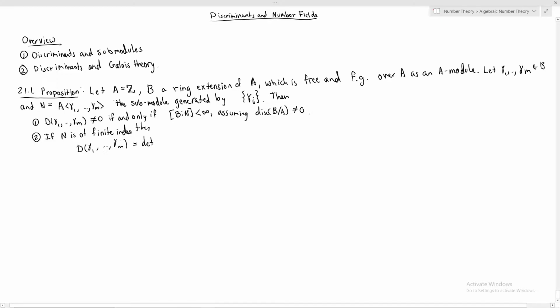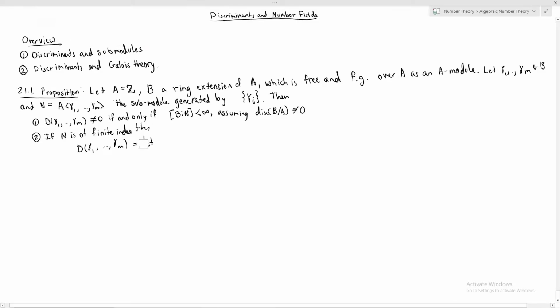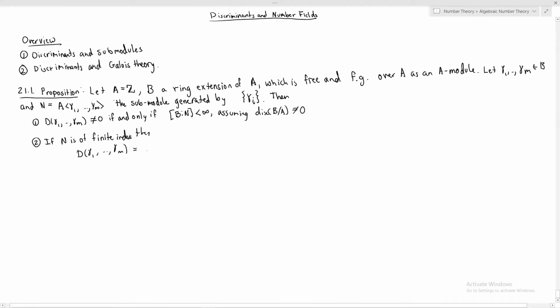If N is a finite index, then we have this relation. Not determinant, sorry. This needs to be non-zero. This needs to be the index of N in B squared times the discriminant of the extension.